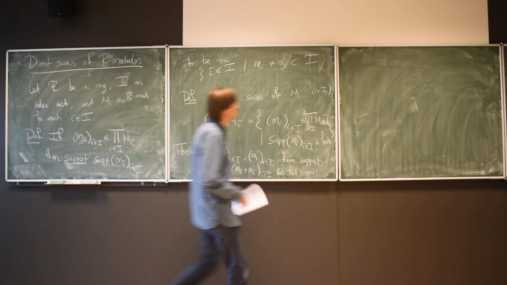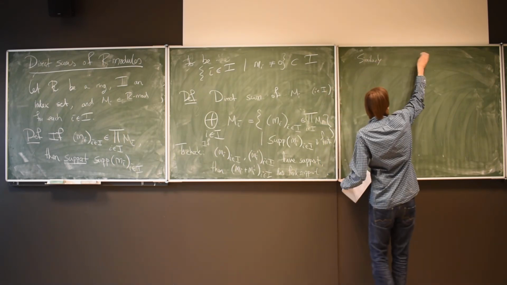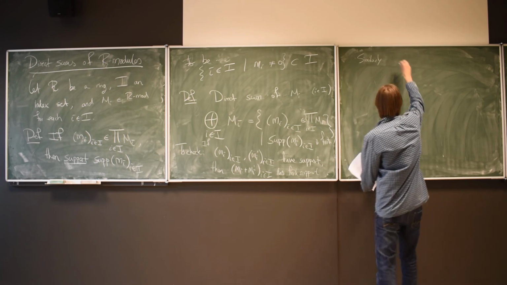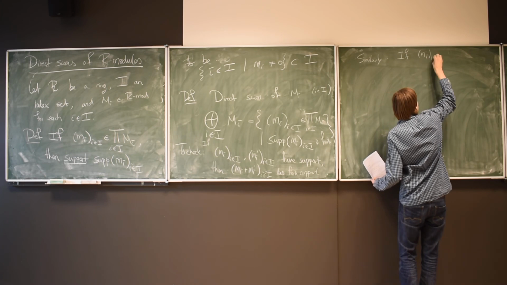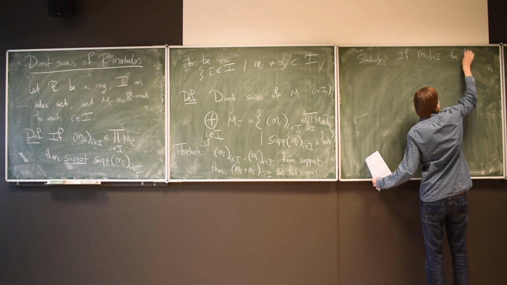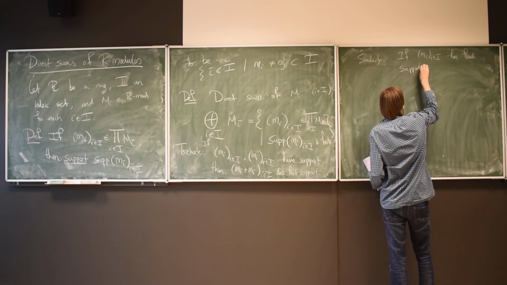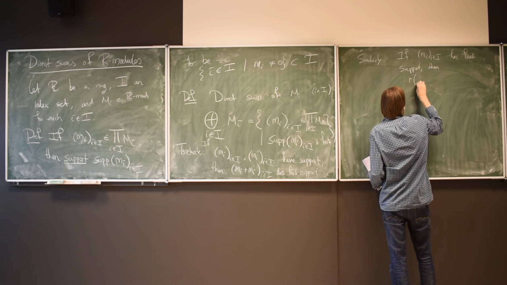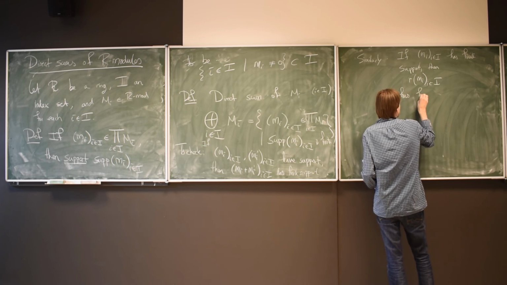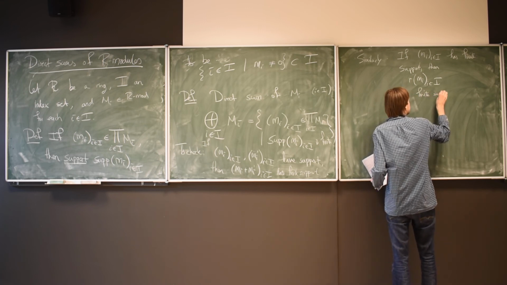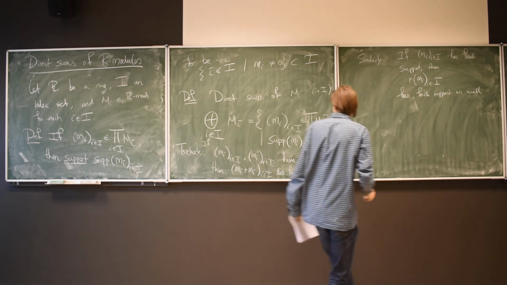Similarly for the scalar product: if (mi), i in I has finite support, then r times (mi) has finite support as well. The support can only become smaller.